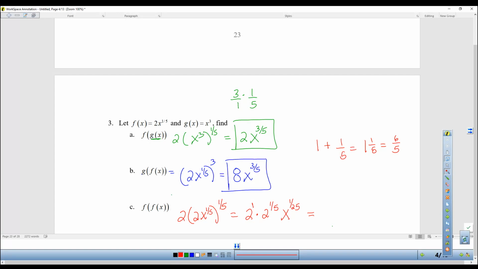And if you didn't know how to do that, you can either do 5 times 1 plus 1 is 6. That's probably how you were taught in elementary school. Or when you were back at this step, you could change the 1 to a 5 over 5 to give it a common denominator. But either way, you'll get 6/5.